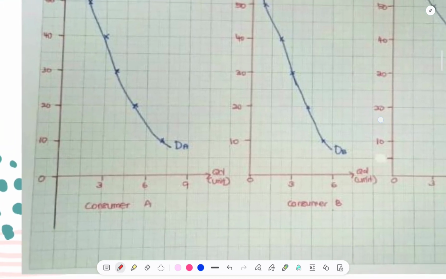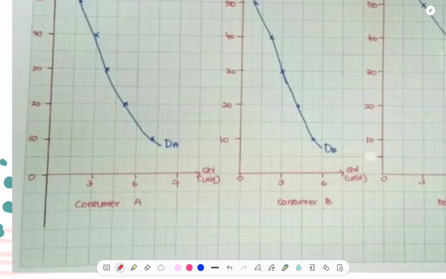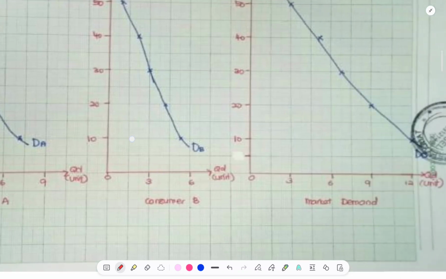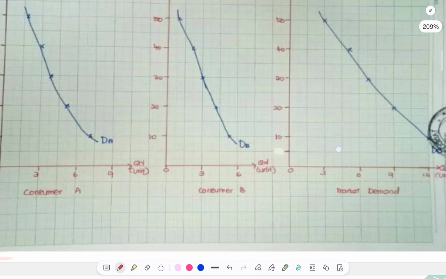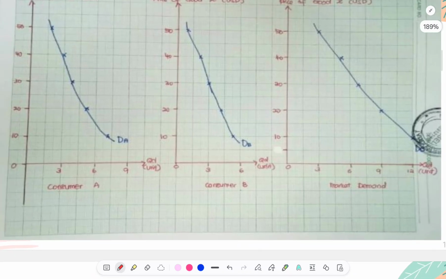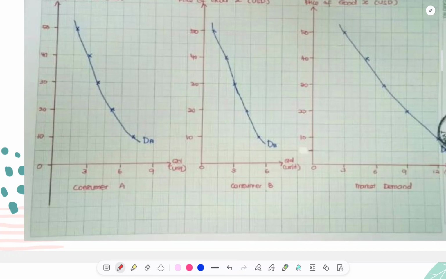For the x-axis, I use the same scale, which is 2 big boxes with 3 units of quantity. Same goes for market demand, it must follow the same rule. So all these 3 graphs must follow the same scale as the first one.